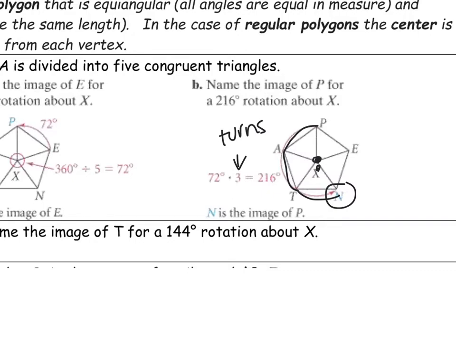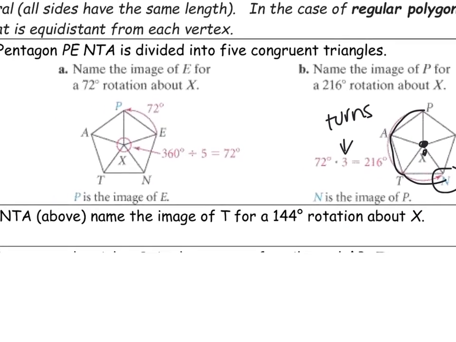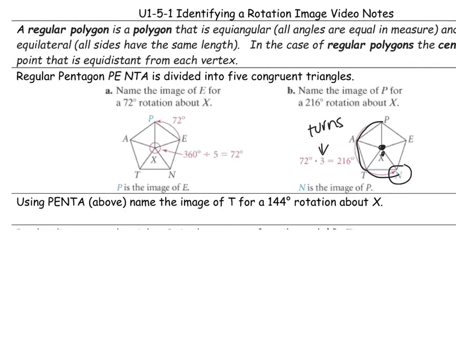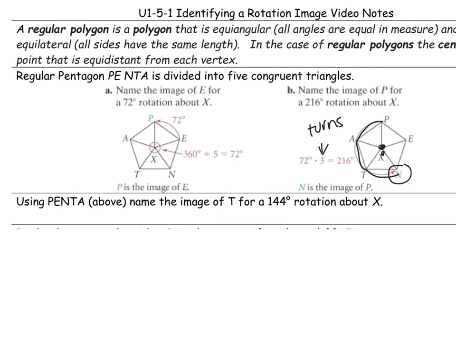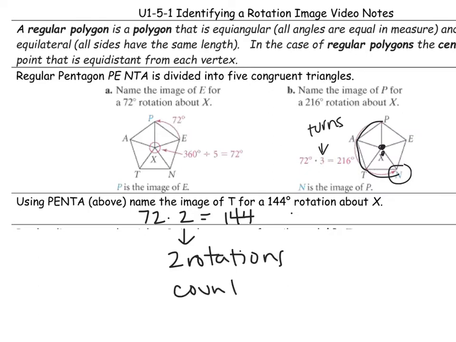So let's take a look at this example using the pentagon above. Name the image of T for a 144 degree rotation about X. We know that 72 times 2 will give us 144, so that means 2 rotations. And again, we are going counterclockwise unless otherwise stated.